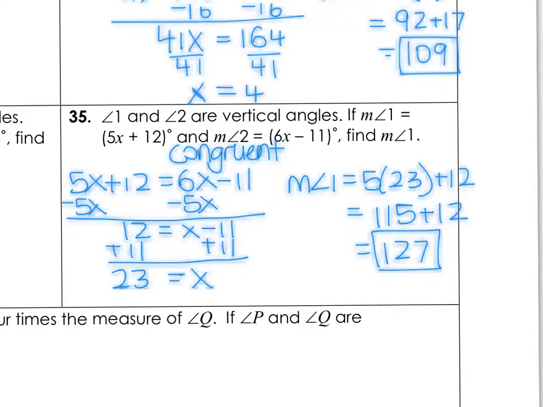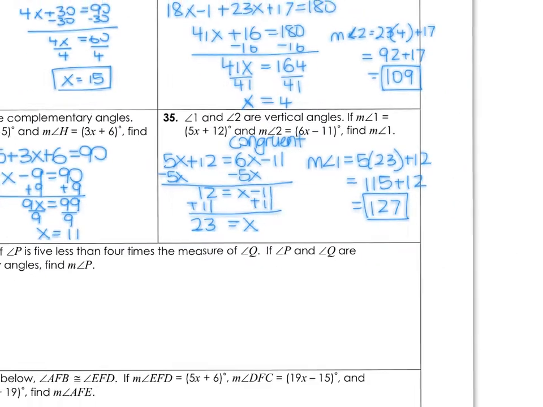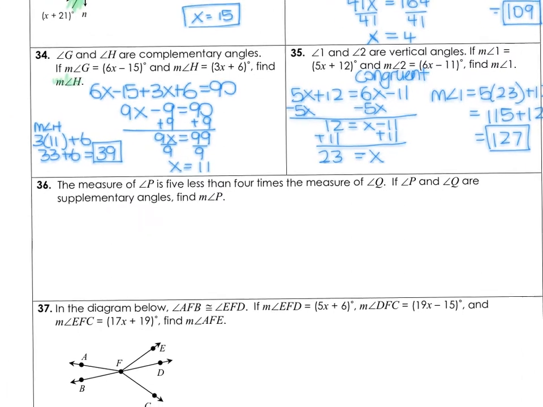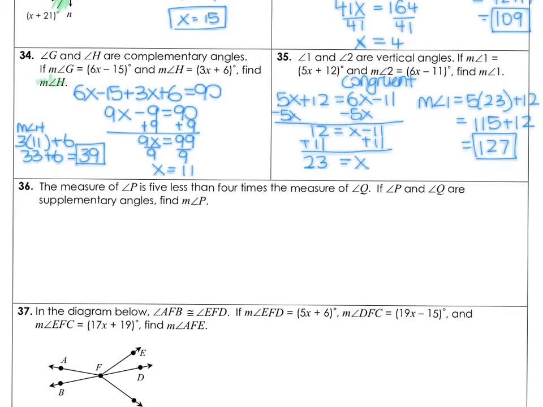Okay, and let's look at this one. This is one of those where we have to come up with the expressions ourselves. So we have P is 5 less than 4 times Q. So we'll let Q be X and P 5 less than 4 times.